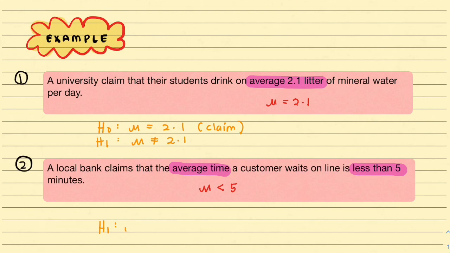So H1: mu is less than 5. So this is the claim. So your null hypothesis will be mu is, what is the opposite symbol? More or equal than 5. Or you also can write as mu equal to 5 only. Both are accepted.